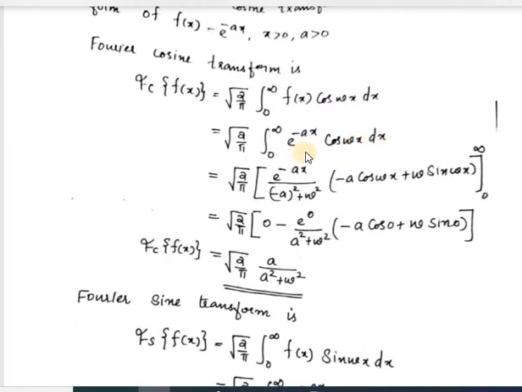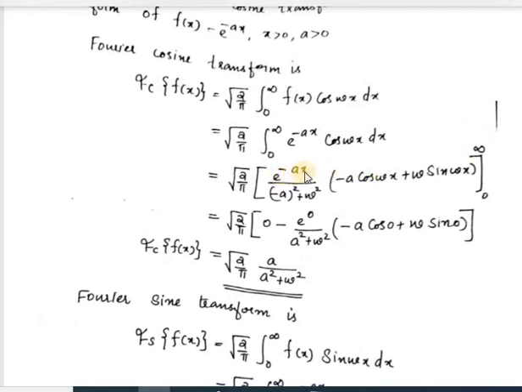By applying the reduction formula of exponential, we know that the integral of e raised to ax cos bx is e raised to ax by a square plus b square into a cos bx plus b sin bx. Here a is minus a and b is omega, so it becomes e raised to minus ax by minus a the whole square plus omega square, into minus a cos omega x plus omega sin omega x. Now we apply the upper limit infinity.